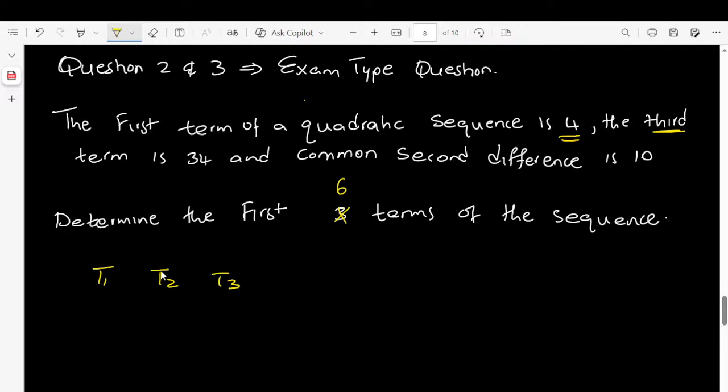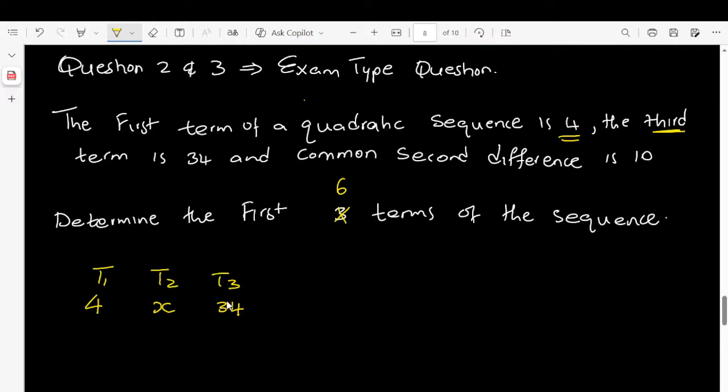So I know T1 is given, which is the first term, 4. Then T2, I don't know what that is, I'm just going to leave it as X. And then the third term is 34. They are playing with you. They were supposed to say the first 3 terms of the sequence are 4, X, and 34. You see now? They just want you to know what you have here.